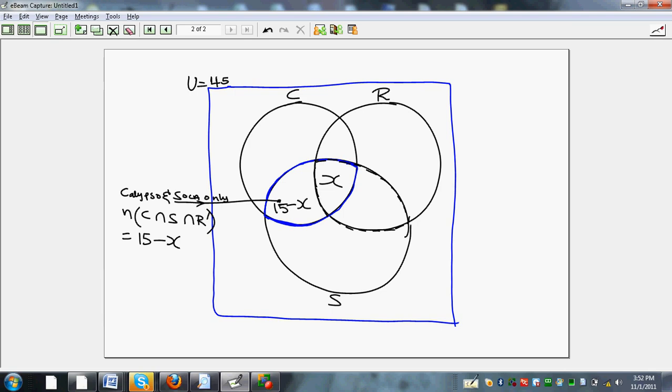So if we were to concentrate on this part here alone, where the arrow is now pointing, this part here alone, right, that would be soca and reggae only. Soca and reggae only.